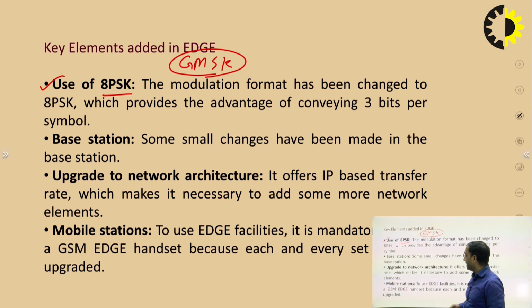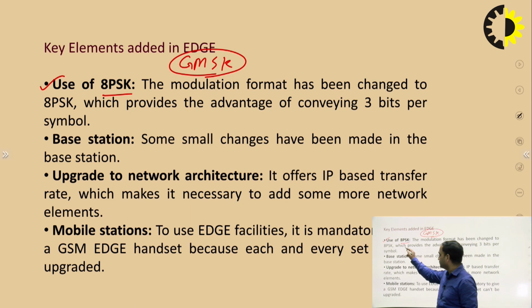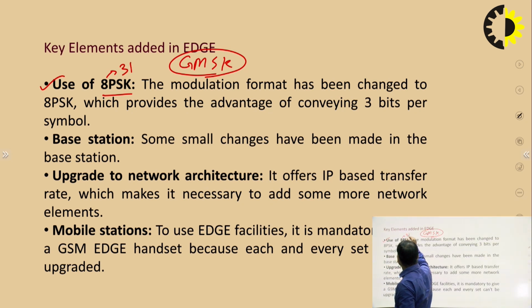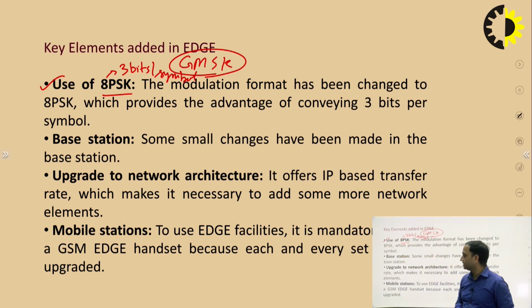So in the EDGE system we have used 8 PSK. What does it mean? It means 3 bits per symbol. So 3 bits are modulated by one symbol, due to which the data rates are enhanced.